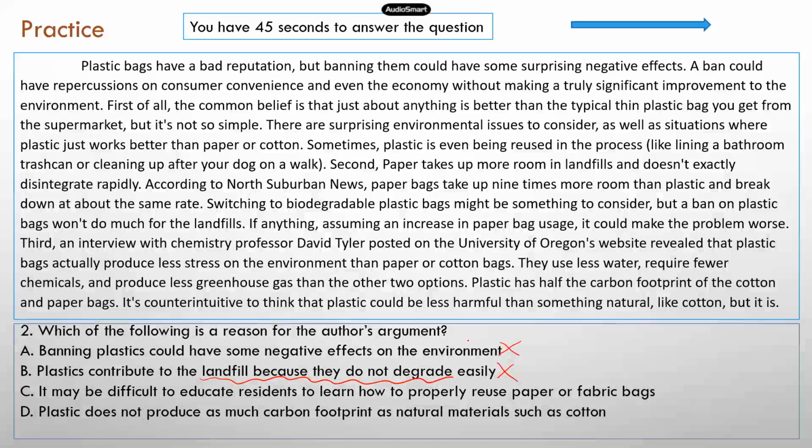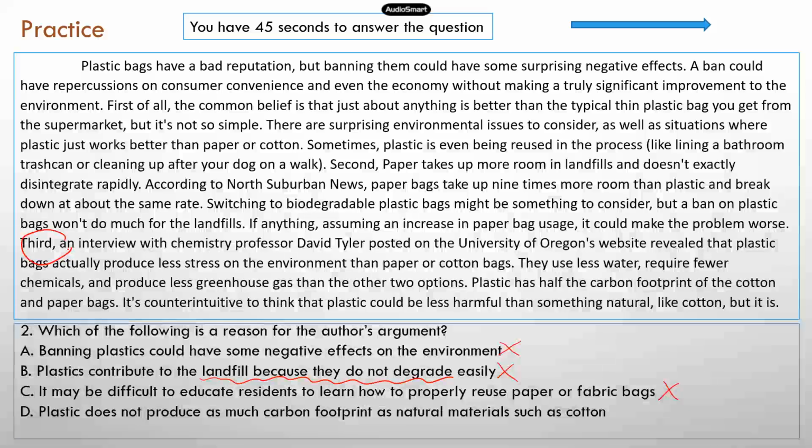C, it may be difficult to educate residents to learn how to properly reuse paper or fabric bags. The paragraph does not talk about this, right? So that's new information. It's not even mentioned. So not C. Is D, plastic does not produce as much carbon footprint as natural materials such as cotton? So that's the correct answer because it's the third reason, right?